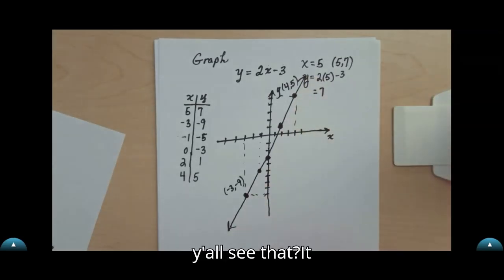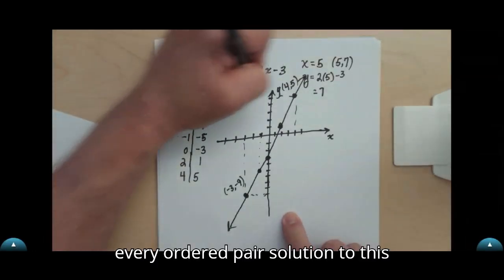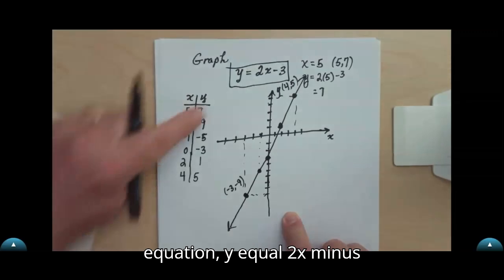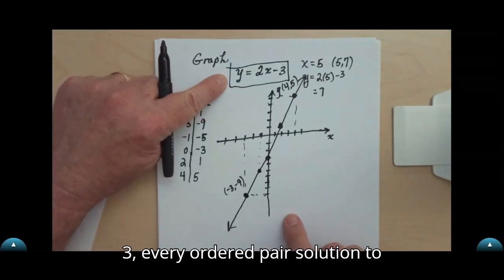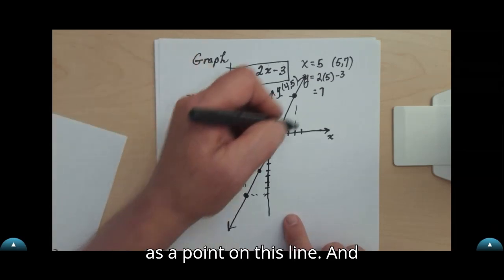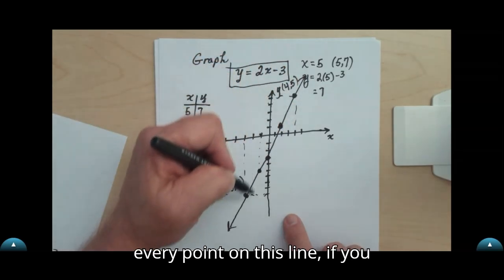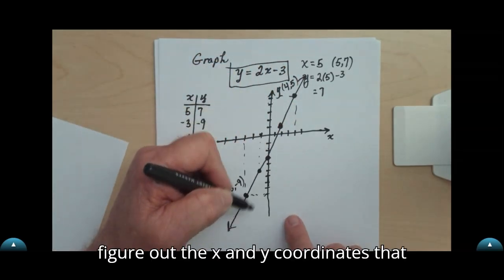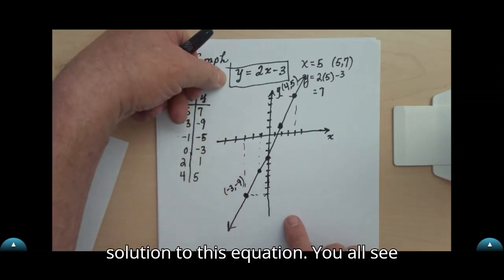Do y'all see that? It turns out that every ordered pair solution to this equation, y equals 2x minus 3, every ordered pair solution to this equation shows up somewhere as a point on this line. And every point on this line, if you figure out the x and y coordinates that go with it, is going to give you a solution to this equation.